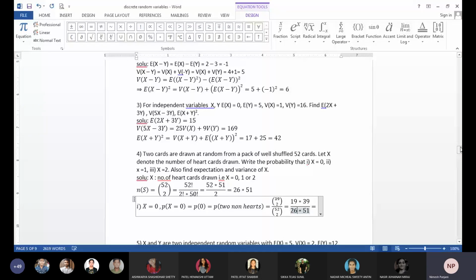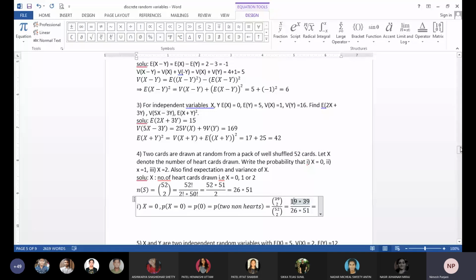Wait a minute, how much is 39C2? It should be 19 into 39, I think. 39C2 is 39 factorial upon 2 factorial into 37 factorial, so it is 39 into 38 divided by 2.